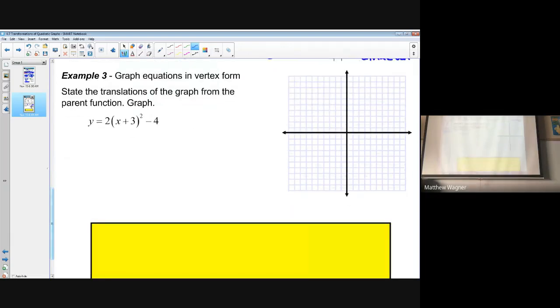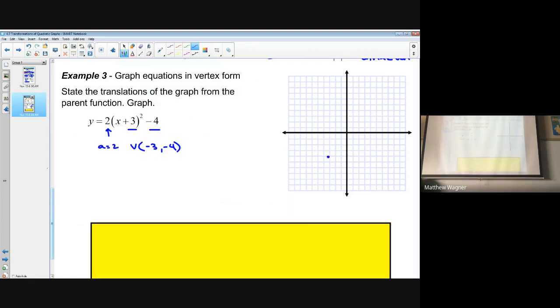The last thing here, graphing in vertex form, is super easy to think about. We know our vertex is at -3, -4. We know our A value is 2, which means our parabola is going to open up. So then what we can do is go right to our graph.